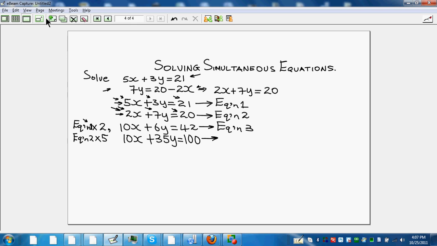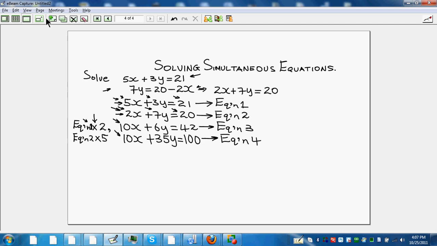And we'll call that equation 4, after 3 comes 4. So everything is a very systematic step-by-step process. Then what you'd observe is by following this procedure here, we would have obtained the same coefficient in front of x in our resulting equations 3 and 4.